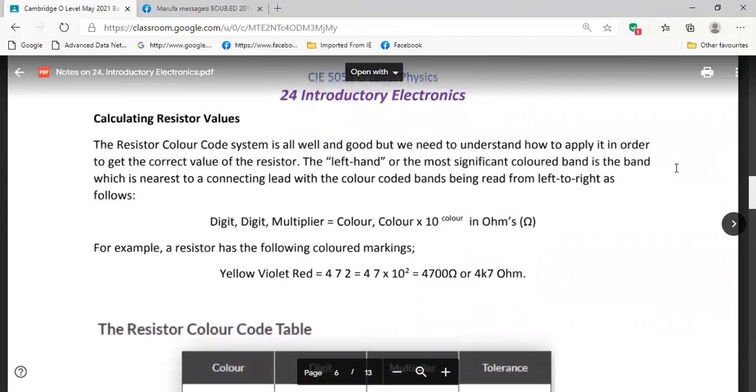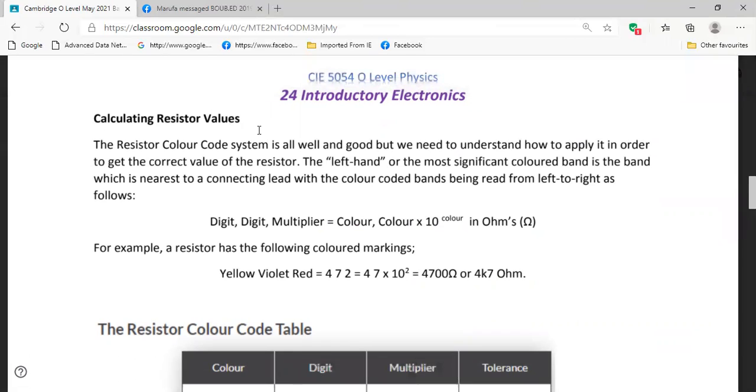Yes. Okay, then you write this heading. Calculating resistor values. So heading, calculating resistor value. Calculating resistor values.